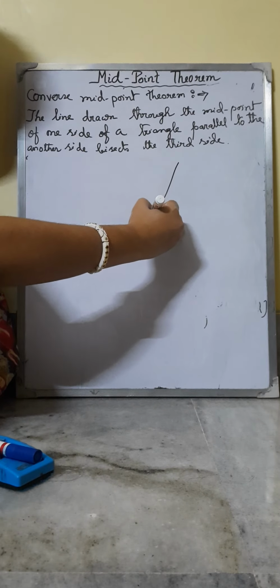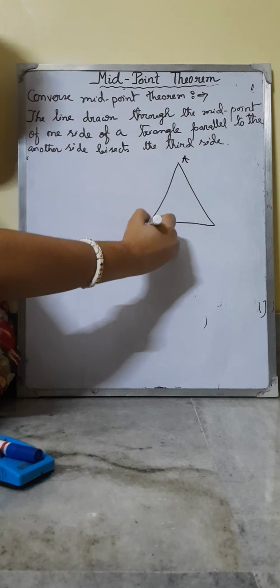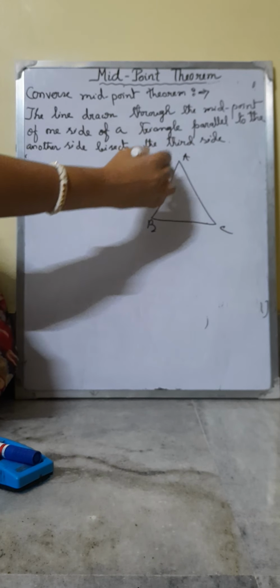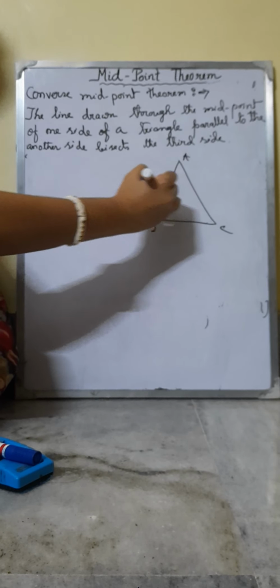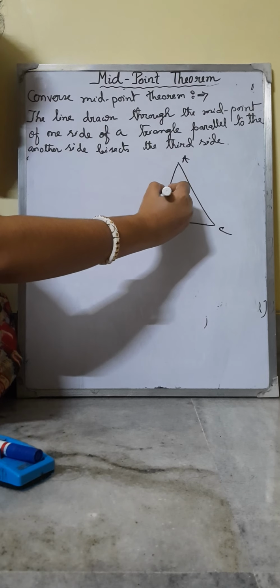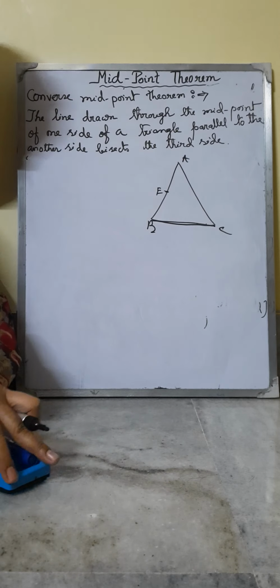First you have to draw a triangle. Right? Triangle ABC. Suppose from this triangle the midpoint of AB is E. So if a line segment which is parallel to the third side, that is BC.